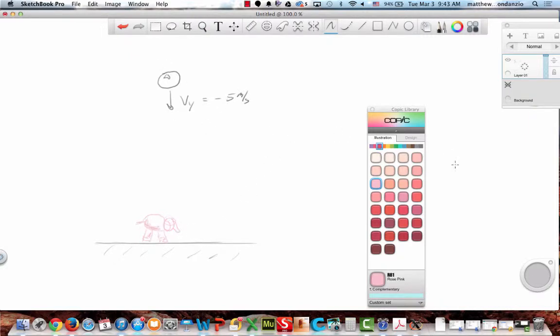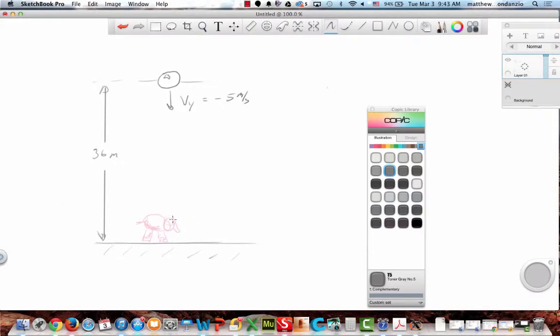If the ball is 36 meters above the elephant, okay?